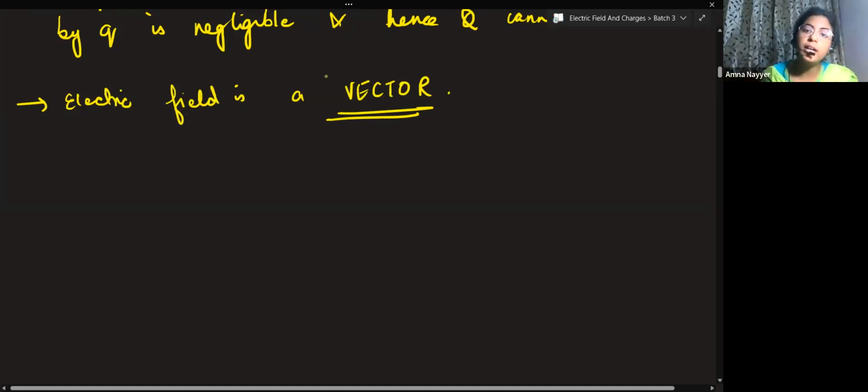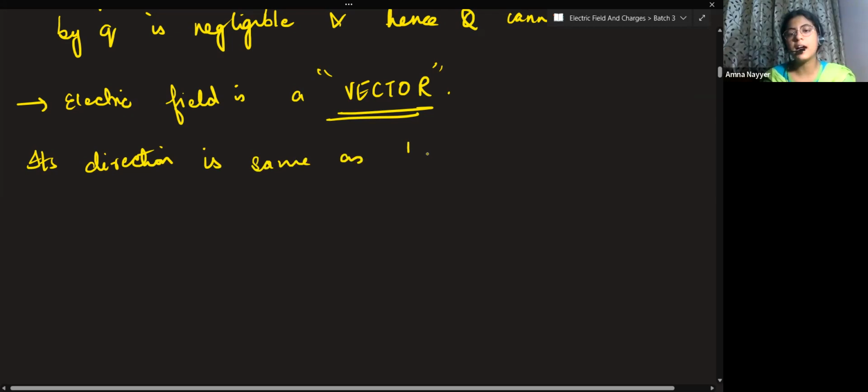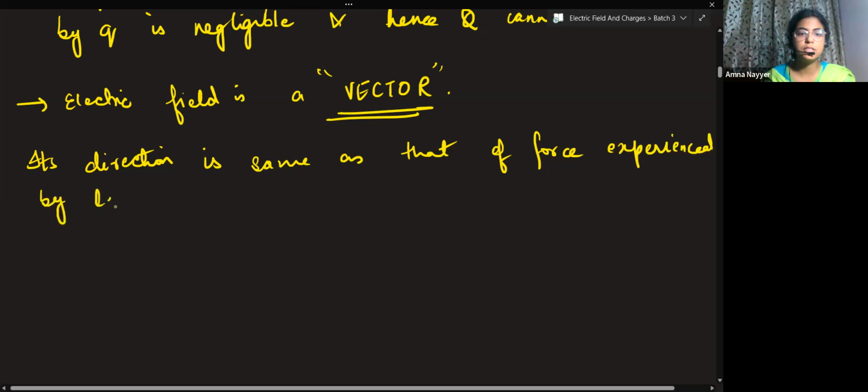So electric field has both magnitude as well as direction. Its direction is the same as that of the force experienced by the test charge.